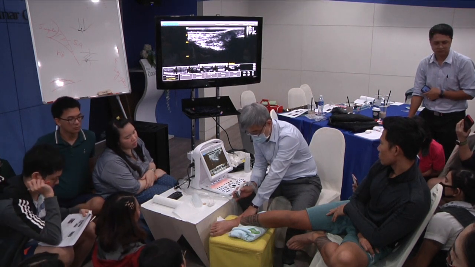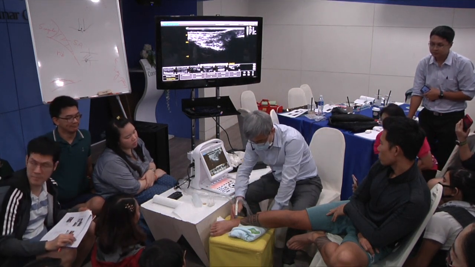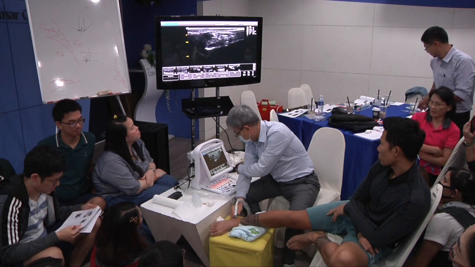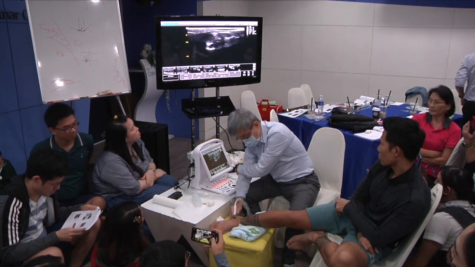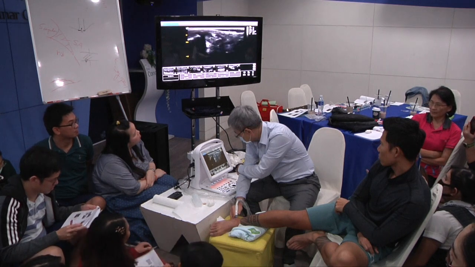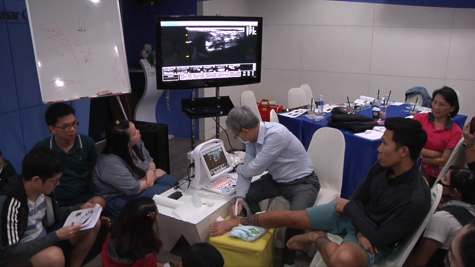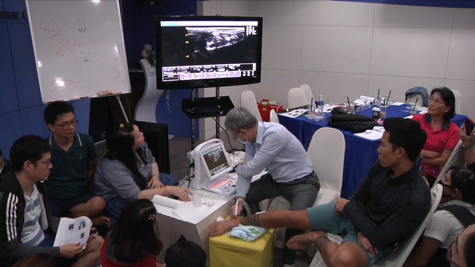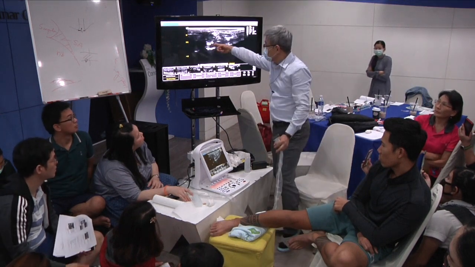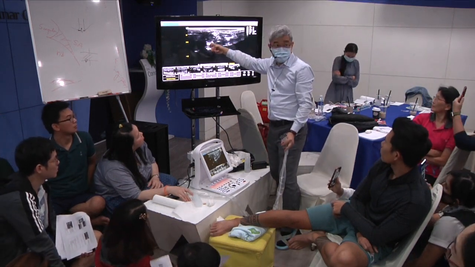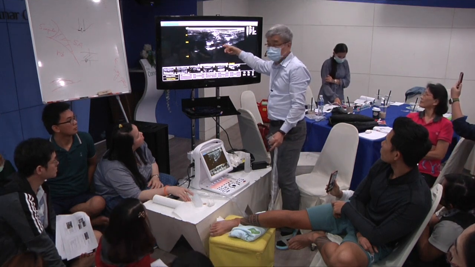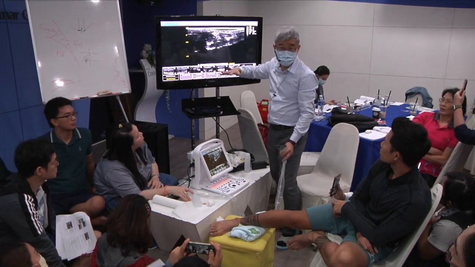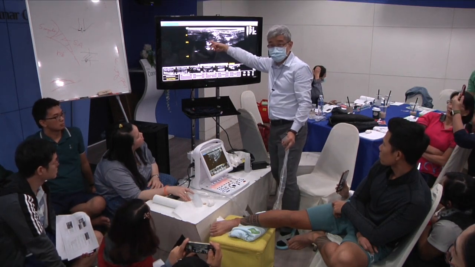The calcaneus is for the PTFL. The ligament is very bright. The CF is very close to the bone. The ADFL and the PDFL are away from the bone, right?